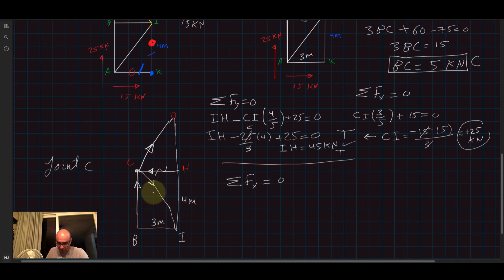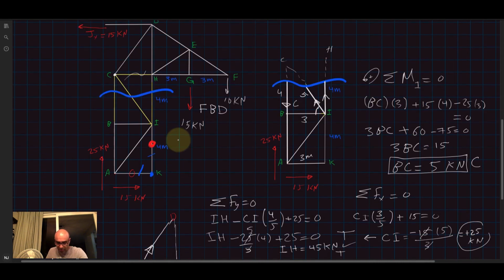So this force here, which is CI, is going to the positive x-axis this way, and 3/5 of it is doing that. Okay, now anything else? Minus CH directly to the negative direction, and this one I'm going to say plus CD.